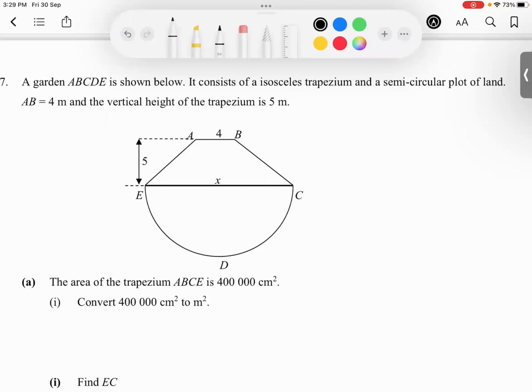Okay, 30 more seconds and we shall continue. Okay, I shall continue.